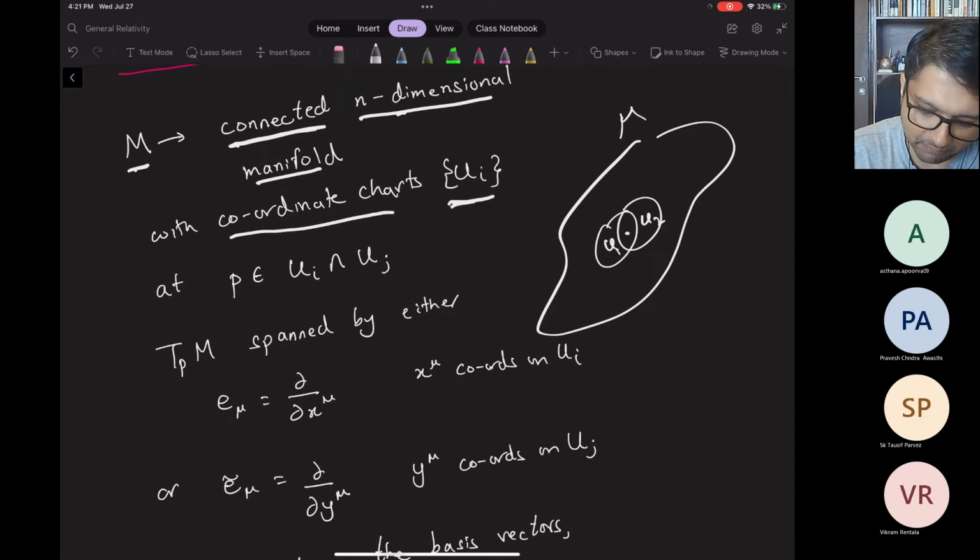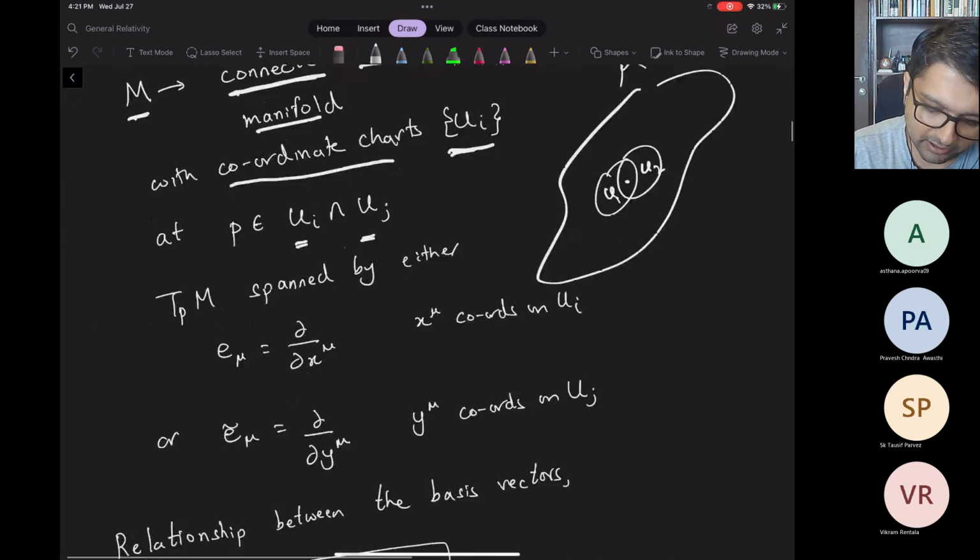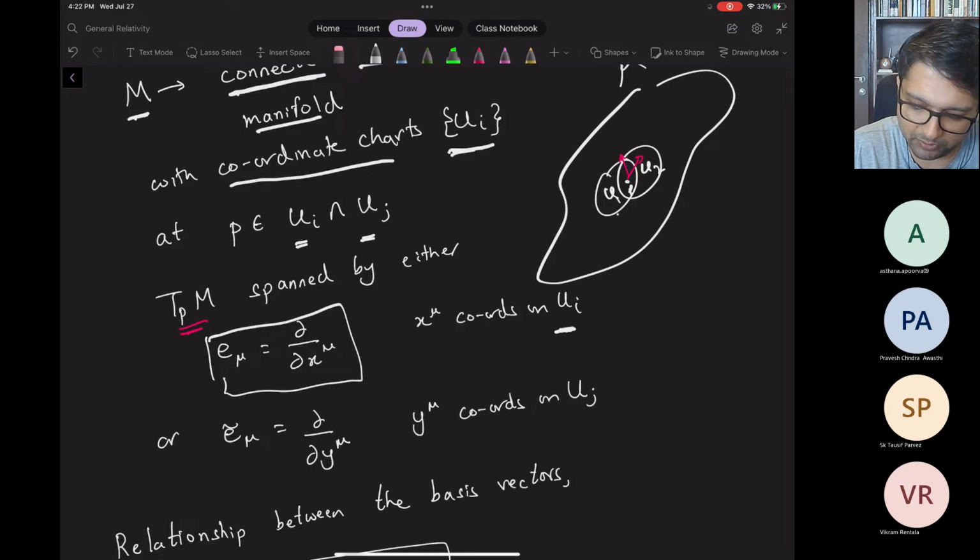And now imagine some point in the intersection of U_i and U_j, and this is the point P. And now imagine the tangent space at P. These are tangent vectors in the tangent space T_P of M. And these tangent vectors are spanned by the coordinate basis vectors for this tangent space using the coordinates of U_i, in which case they would be something like partial x^mu, where x^mu are the coordinates on this patch.